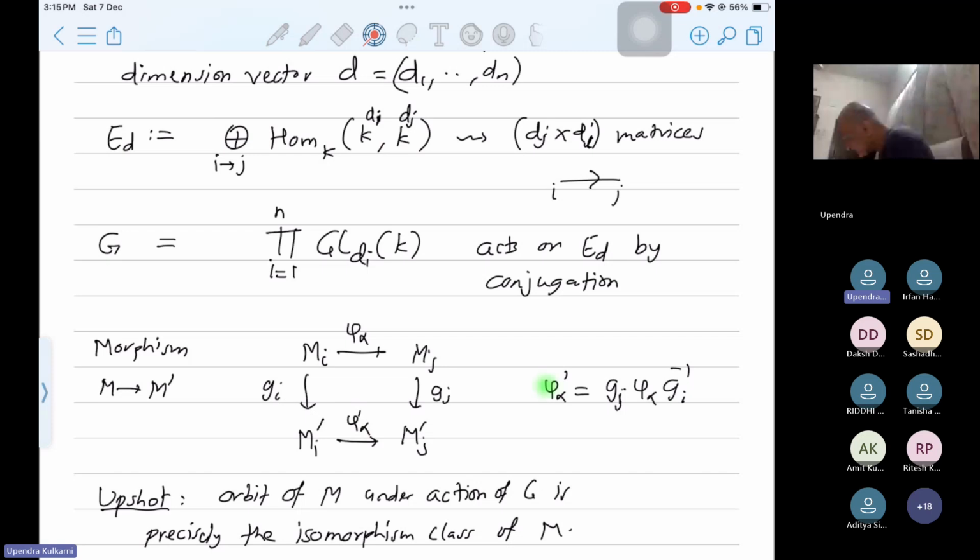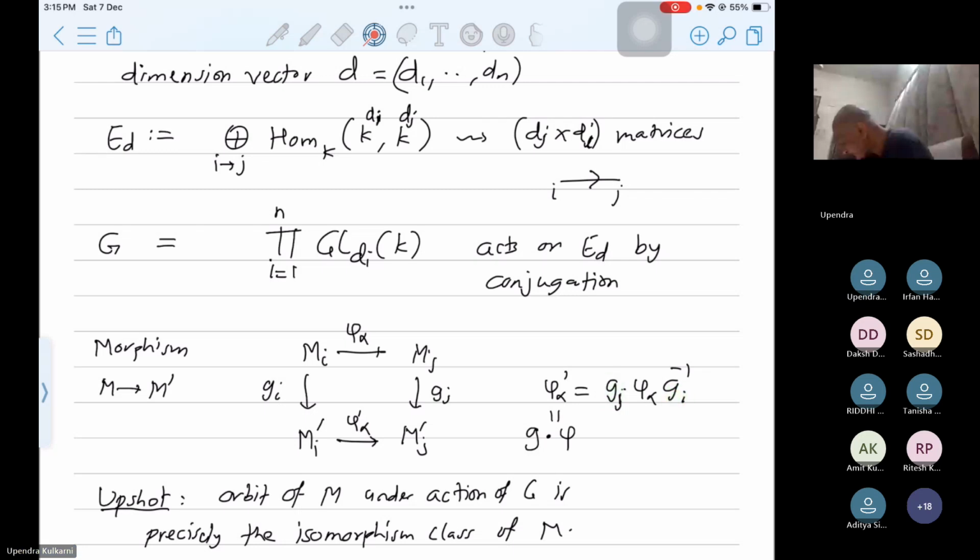So I can simply write this as g dot phi. This is to be understood appropriately. This phi is the collection of all of these arrows, and this g is the compatible family of all these g_i, one at each vertex.